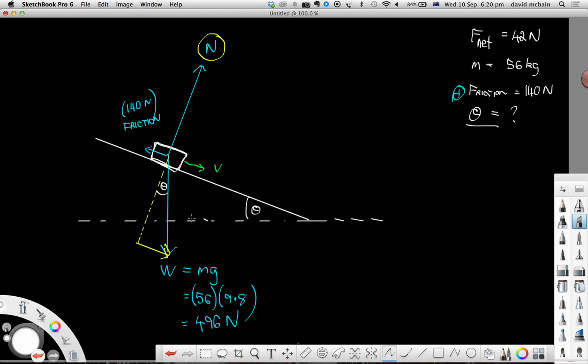And I know my weight force is 496. Because I know my weight force, that component there is going to be the sine of the angle multiplied by the weight force. So that yellow force is going to be the sine of theta multiplied by the weight force, which is 496. Oops, sine of theta, not sine of 30.